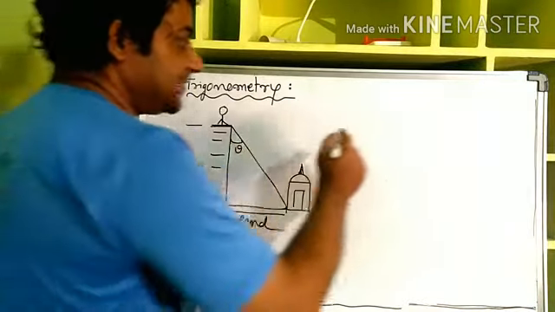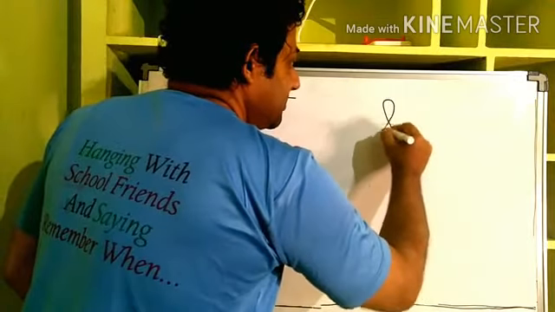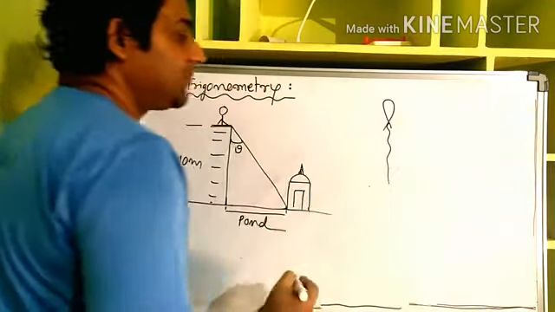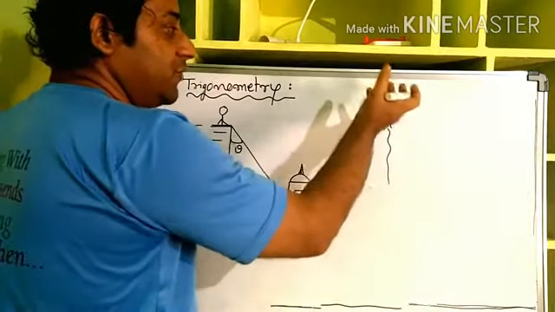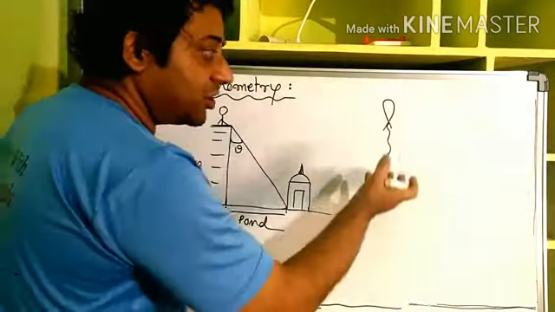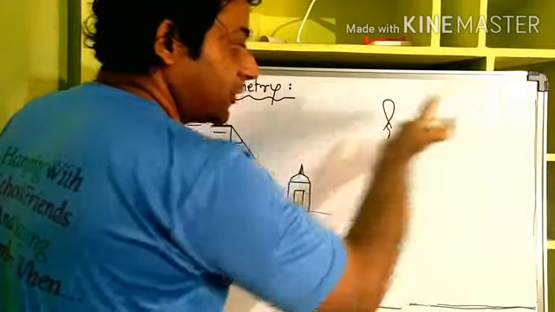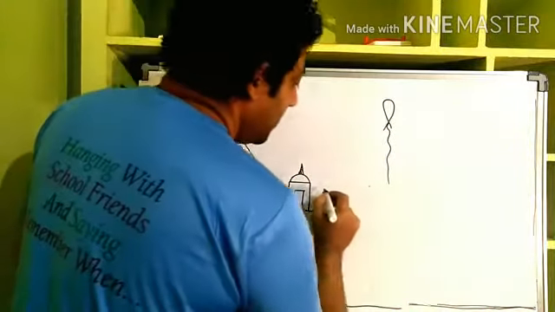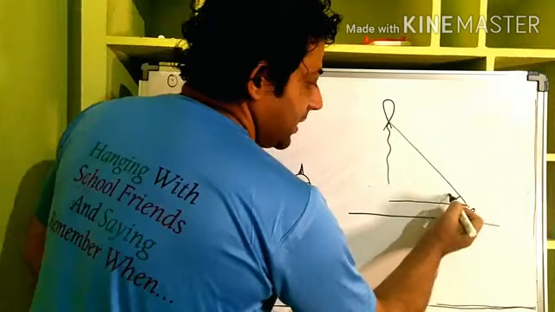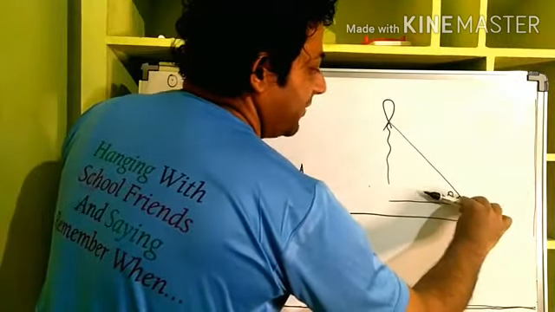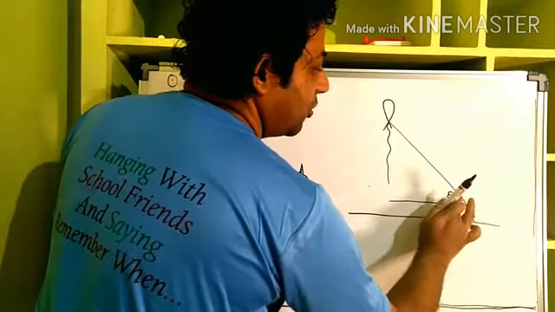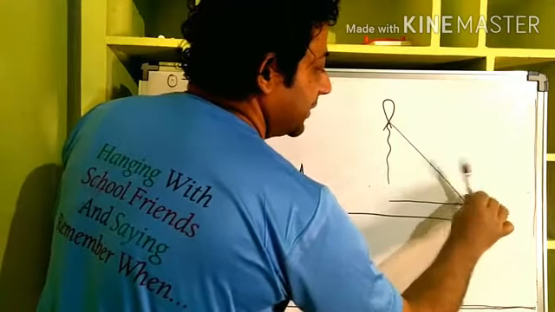Let us think of another scenario. Let us say there is a balloon, okay? It's a helium balloon, let us say. It has gone above and it is neither moving up nor down. At a certain level it is floating around, okay? Now you are standing. Let us say you have a telescope, and you can rotate it from the vertical.